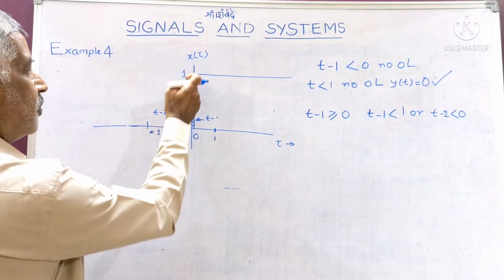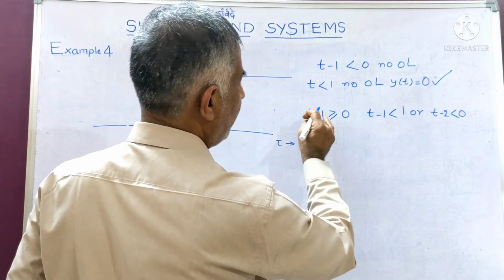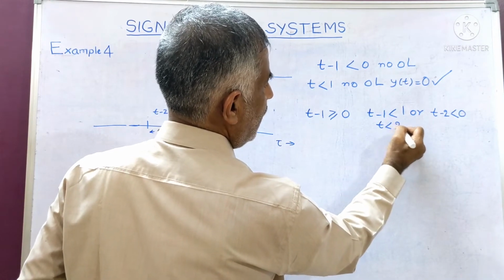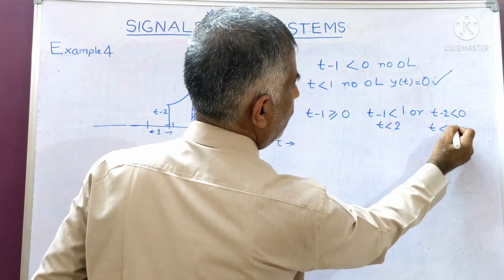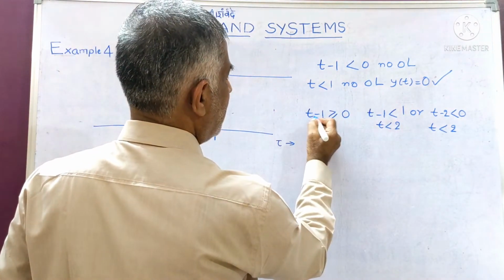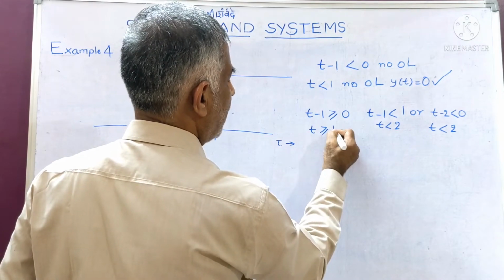The t minus 2 edge comes here. So either you take this or this, combine with this. So here also t less than 2. Combine these two. T minus 1 greater than or equal to 0 means t greater than or equal to 1.